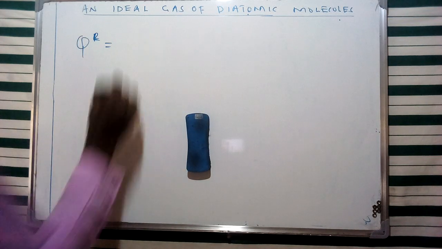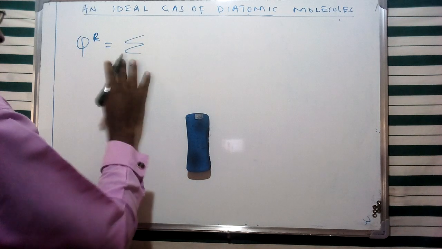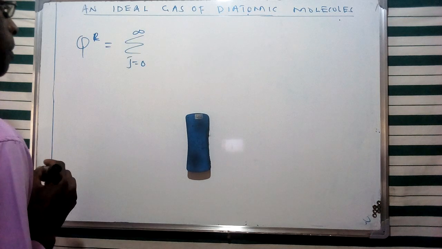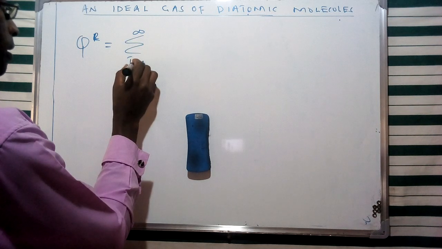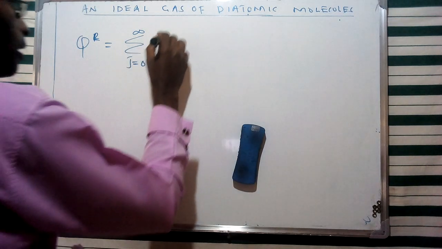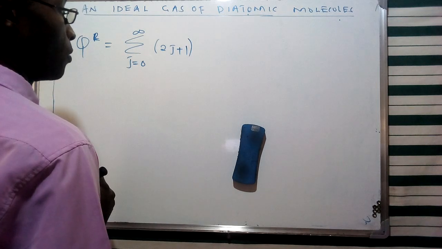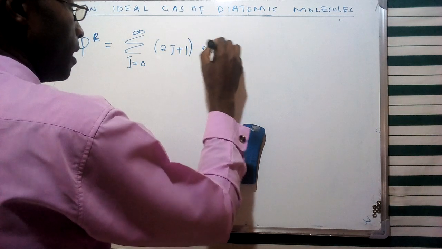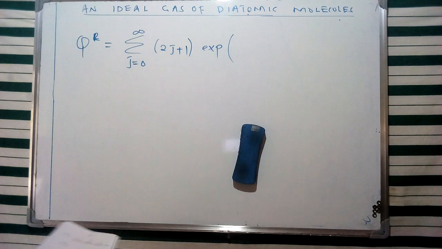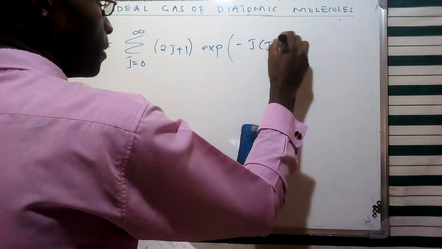specific equation, which we gave in terms of the summation of values for j from 0 to infinity, whereby this j is going to represent the rotational quantum number, and this gave us values of 2j plus 1, which is going to represent the degeneracies, and this was given in terms of the exponent of the negative j into j plus 1.